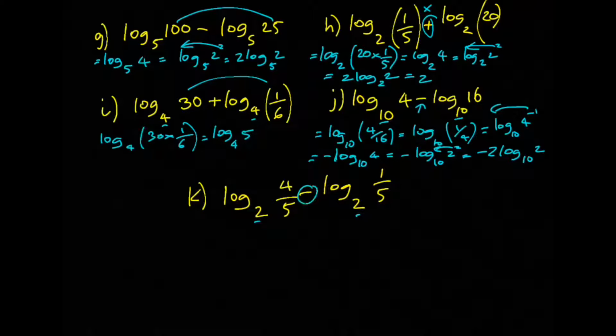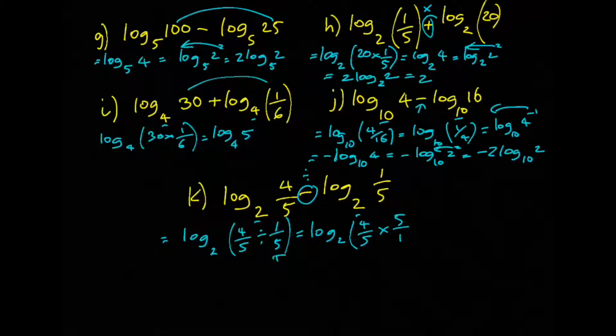Alright, now part K, again, same bases. It's a negative, so it's a divide. So we can use the division rule, so log to base 2 of 4 on 5 divided by 1 on 5, which is the same as saying log to base 2 of 4 on 5 times 5 on 1. You just flip that over and turn the divide into a multiply.